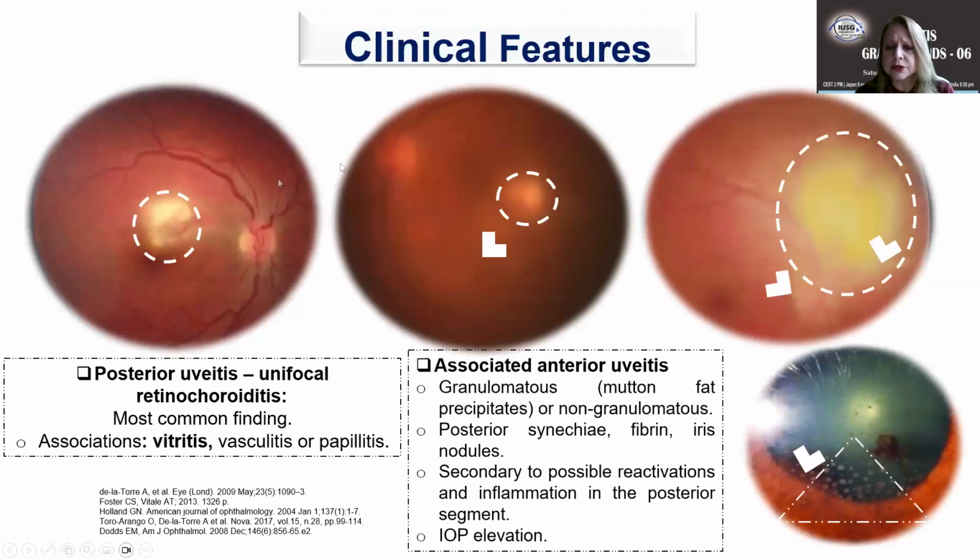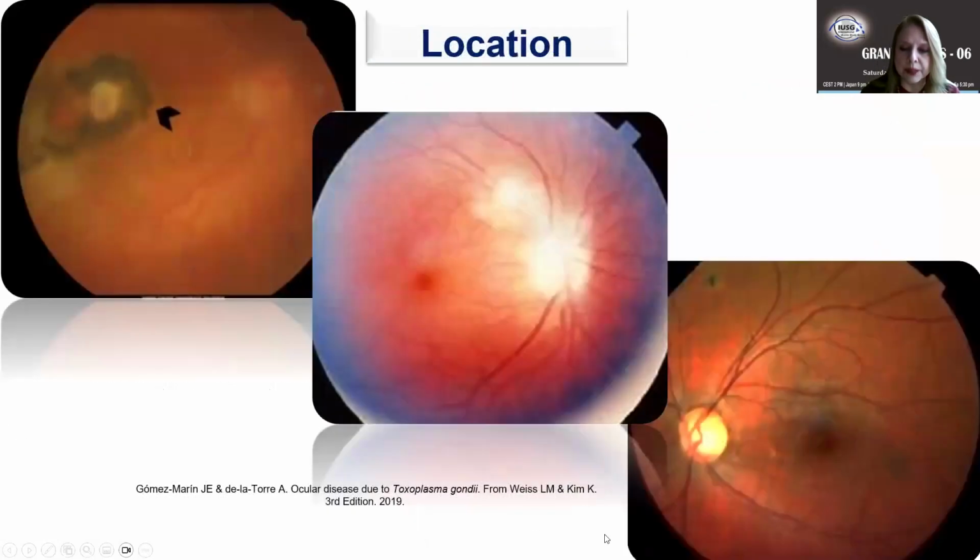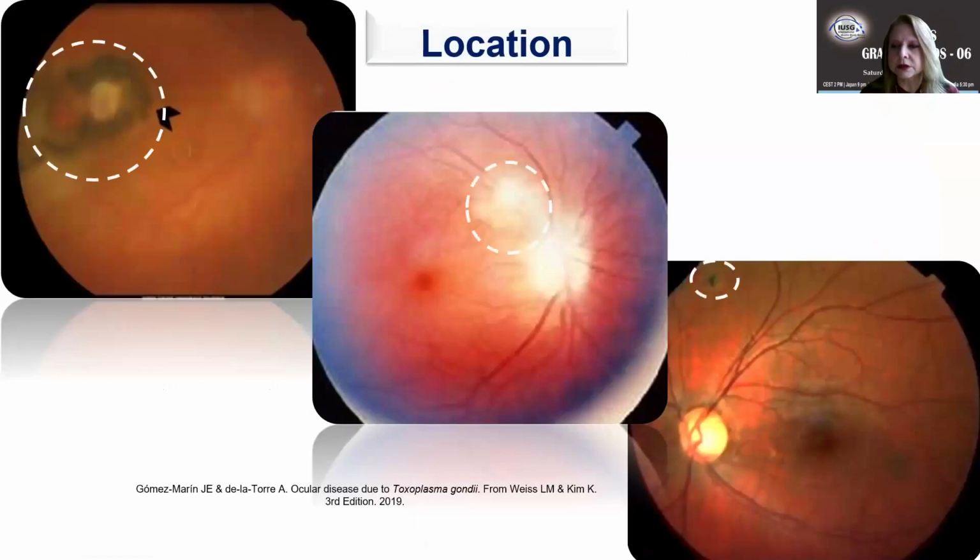Usually, when there is associated anterior uveitis, it is secondary to possible reactivations and inflammation in the posterior segment. It can also be associated with IOP elevation. Ocular lesions can be located on the macula, posterior pole, or periphery, so they can be anywhere in the fundus.